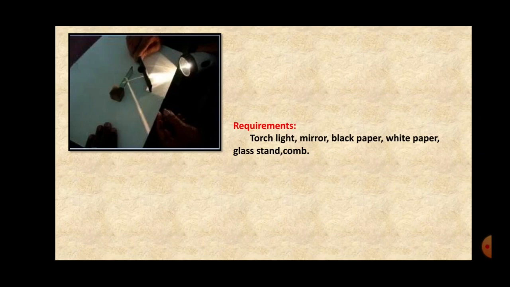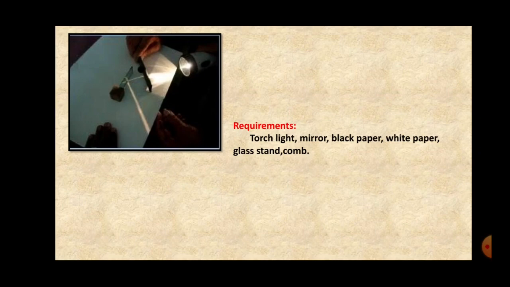So we are going to observe an experiment in which the requirements are a torch, a mirror, black paper, white paper, and a glass stand. We have to fit the paper tightly over a table or the drawing board, and leaving some portion in the middle of the comb, we have to cover the rest with black paper so that the light can only pass through the open central pore, right?